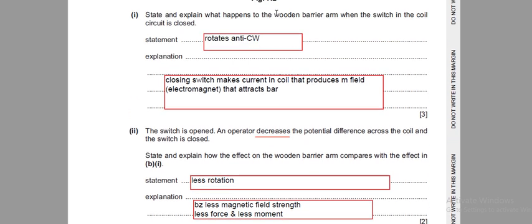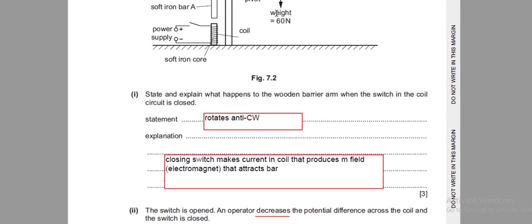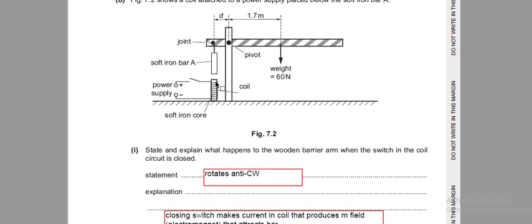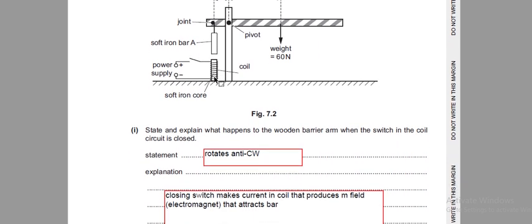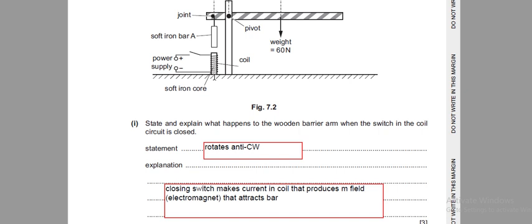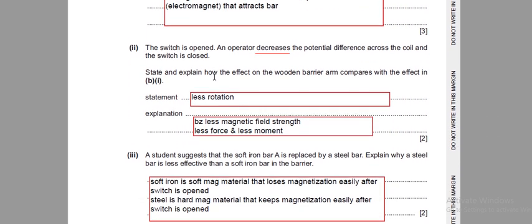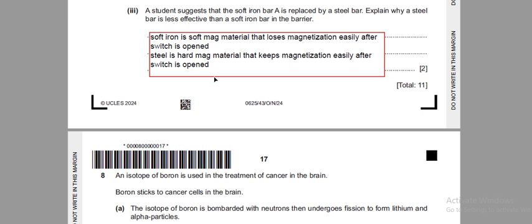There will be less rotation, because the potential here decreases, so the magnetic field strength here will decrease. So the force on the iron bar, and hence the moment, is reduced. The moment produced by the iron bar will be reduced, so the rotation of the wooden bar will be reduced.